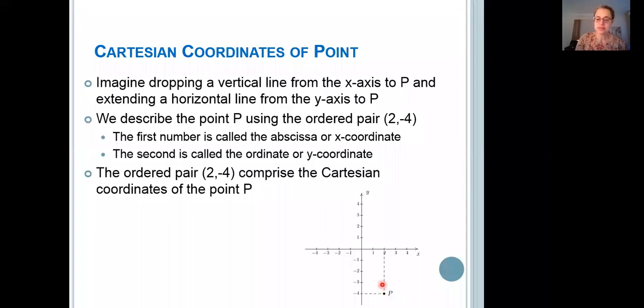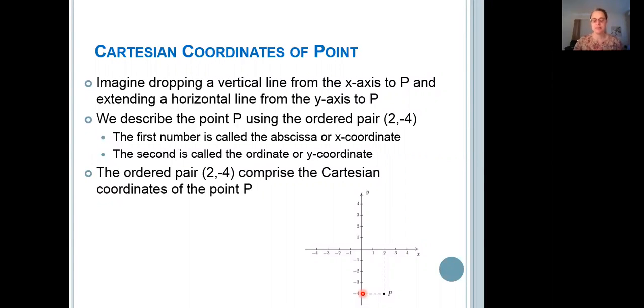This point right here, for example, we can see is in line with the 2 on the x-axis. So we say the x-coordinate of this point is 2. This point is also in line with -4 on the y-axis. So we say the y-coordinate of this point is -4.